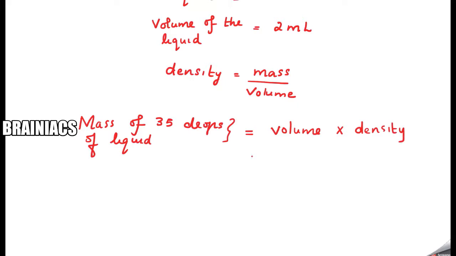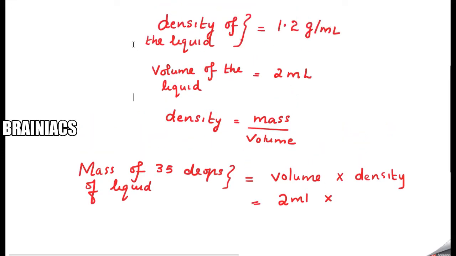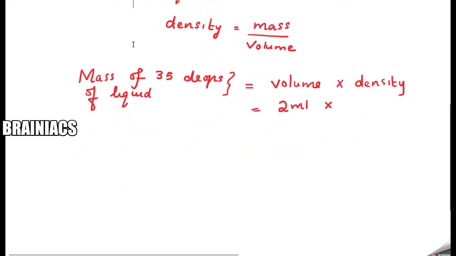Now what is the volume given? We know that volume is 2 ml. For 35 drops it is occupying a volume of 2 ml, and density of the liquid remains constant, and that value is given as 1.2 gram per ml. So I can substitute that for density.